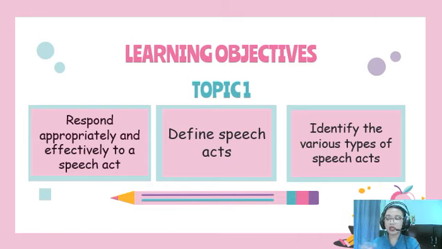These learning objectives are the aims of our lesson for today, that after this lesson you will be able to respond appropriately and effectively to the types of speech act. You will define what speech act is, and you will be able to know the different types of speech acts.